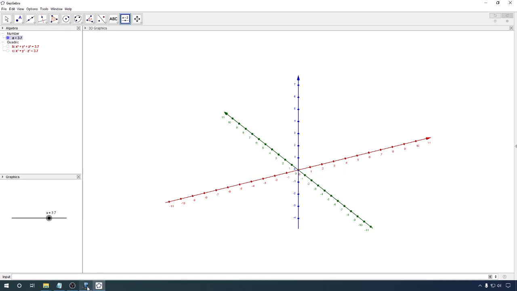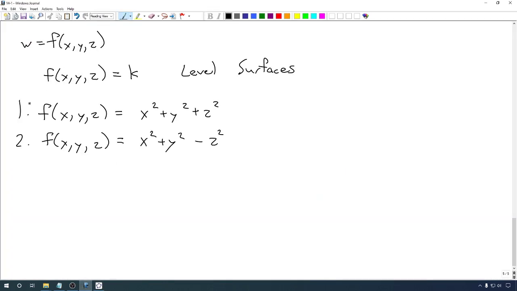If I were to try the function f of x, y, z is 1 over x squared plus y squared plus z squared, it's not going to know how to handle that. GeoGebra doesn't really like what we call implicit surfaces so well.